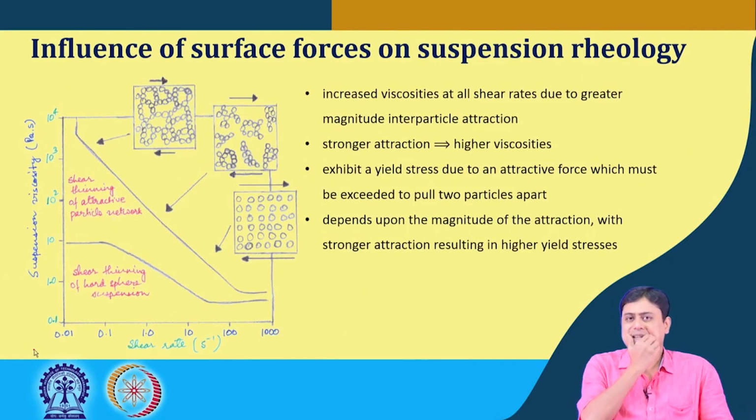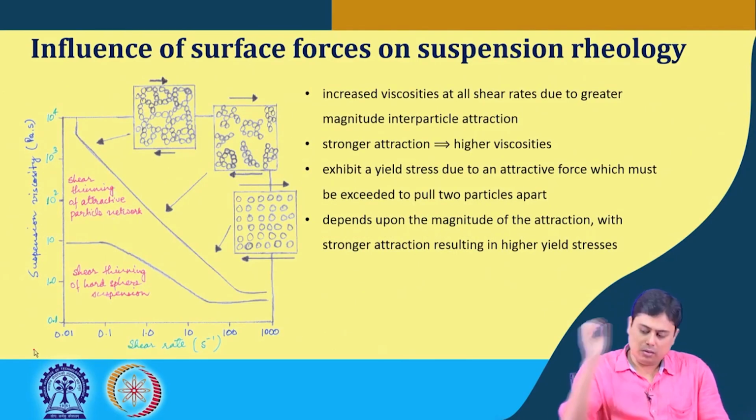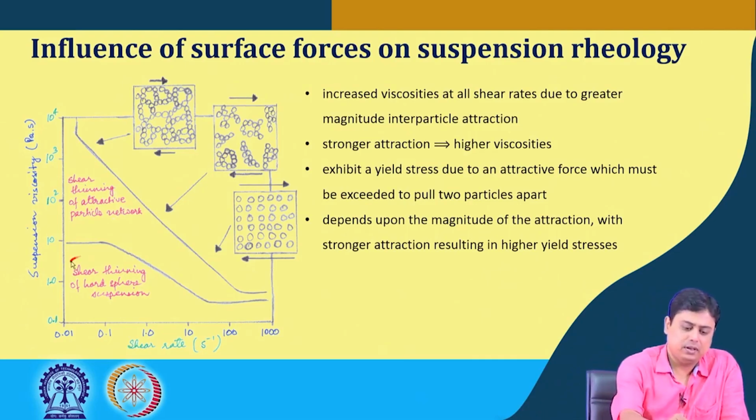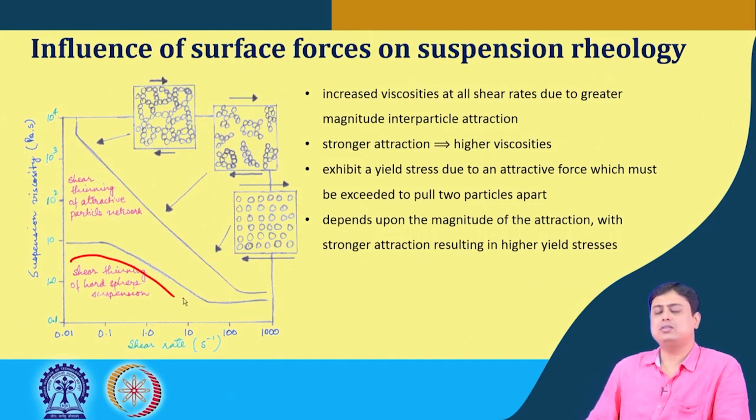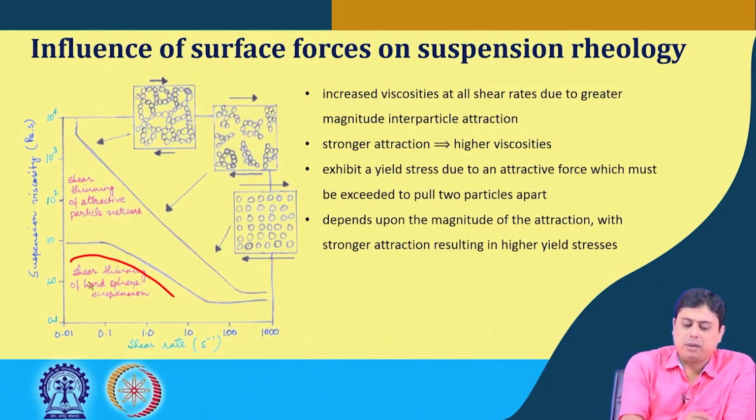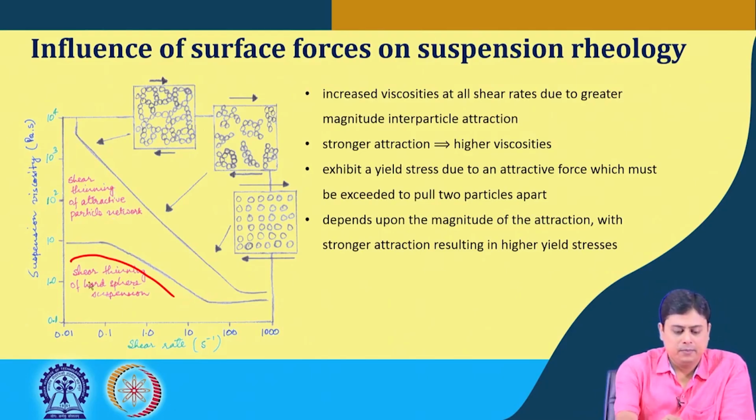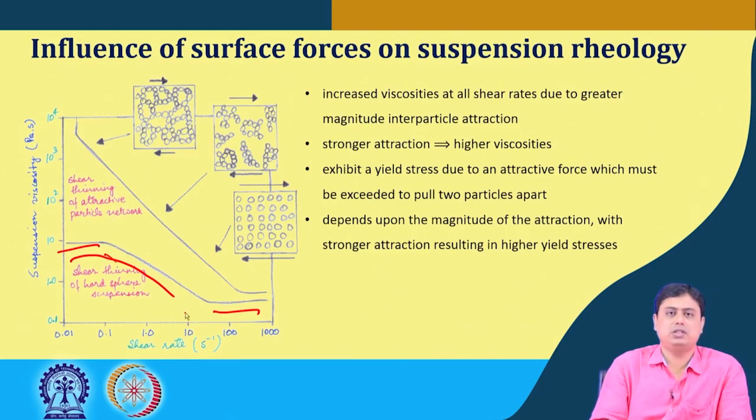So what happens here? The bottom curve is what we have seen in the case of the hard sphere model, the non-interacting particles. Here we have the low shear rate Newtonian plateau, the high shear rate Newtonian plateau, and in between the shear thinning behavior.